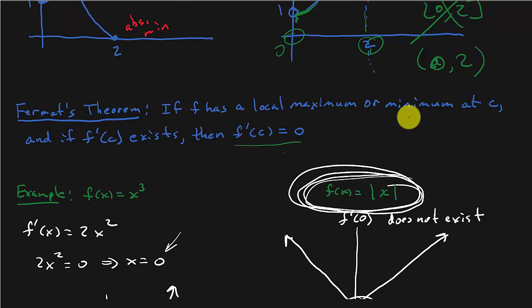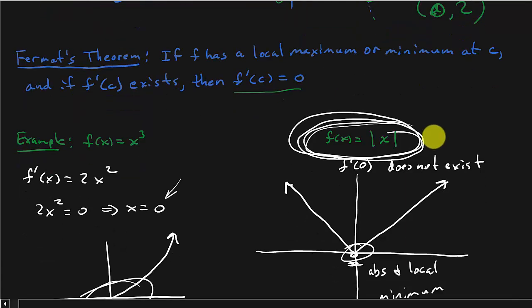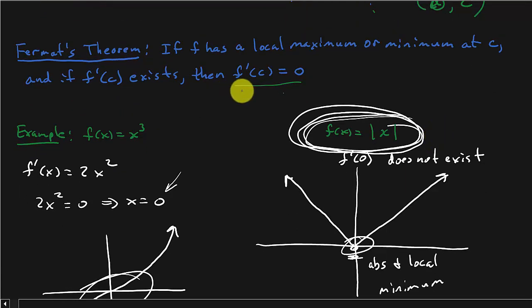Do not read this as if it says that if f prime of c equals 0 and f prime of c exists, then there is a local max or min. That's not true. What is that called? The converse of Fermat's theorem.